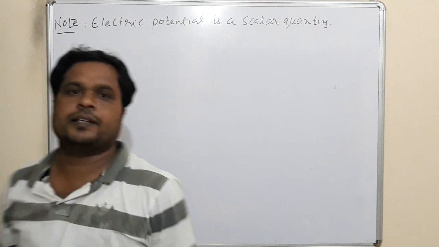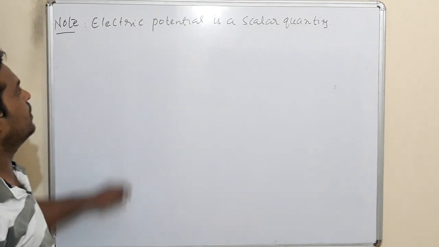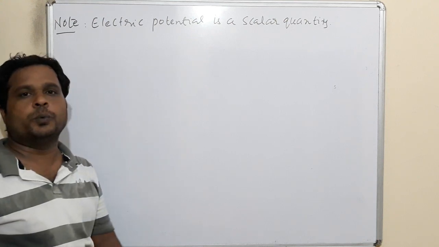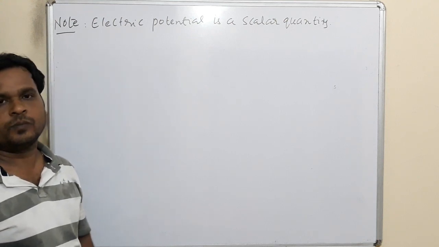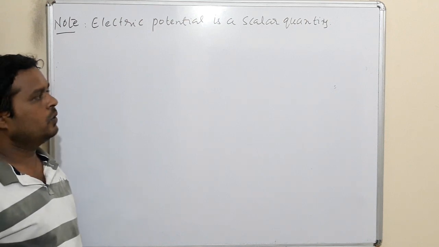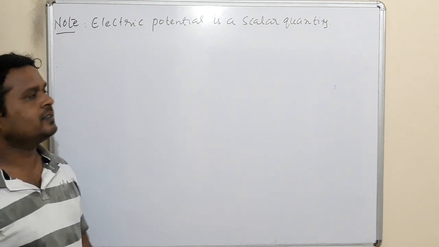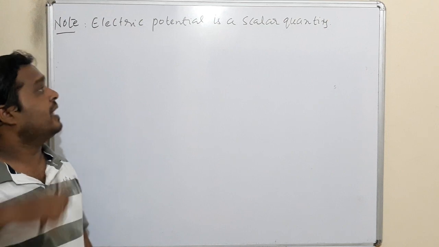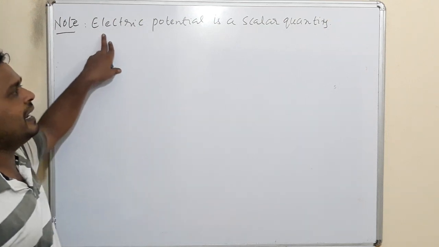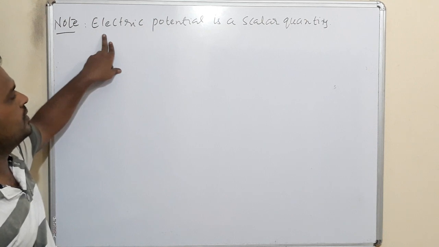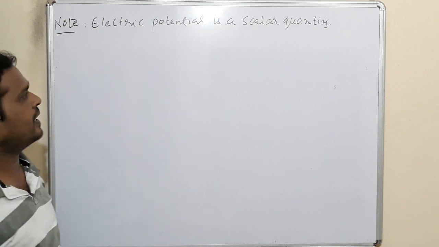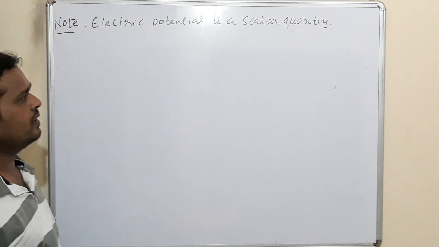So in solving the problems related to electric potential, we need not worry about direction. But in case of electric field, which is a vector, we have seen the directions of electric field, then we calculated the net field. Here, we need not worry about the direction because it is a scalar quantity.